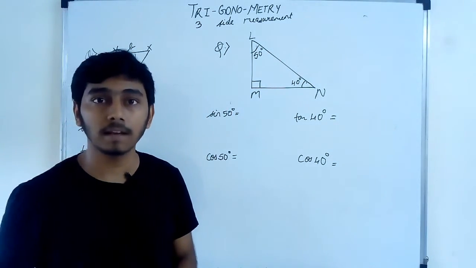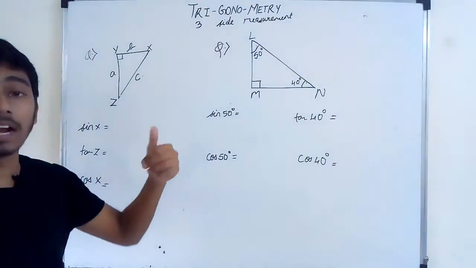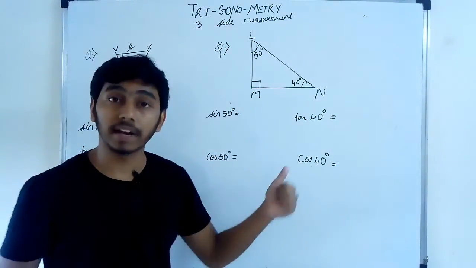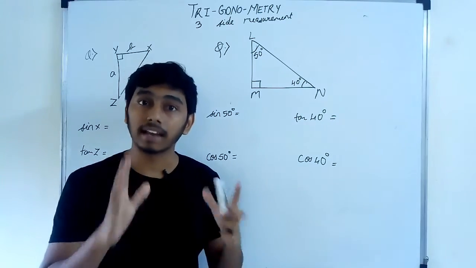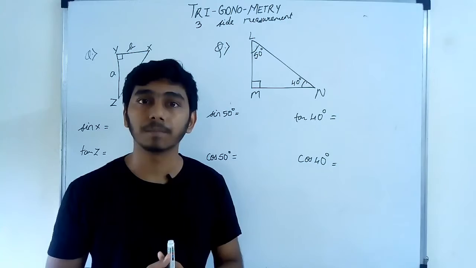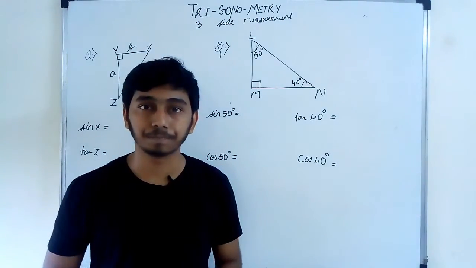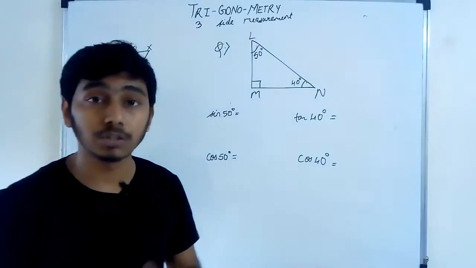Are you getting what I'm saying? So there has to be a 90 degree. So that means whenever you try to find trigonometric ratios, the triangle which is given to you should be a right angled triangle, meaning at least one angle should be 90 degree. Okay. So I hope you have understood this.